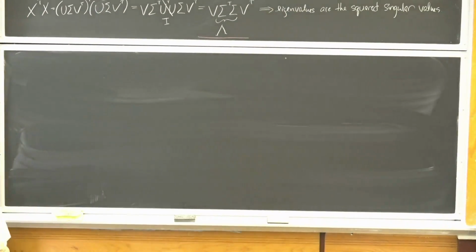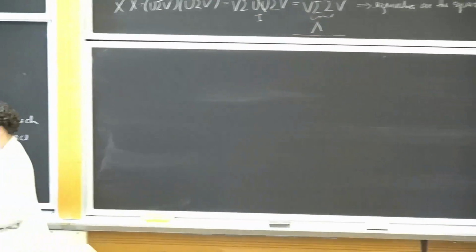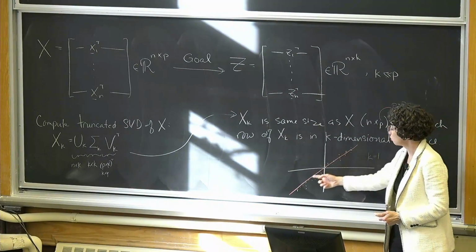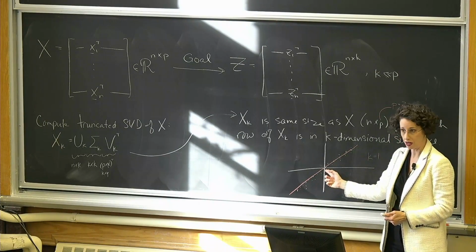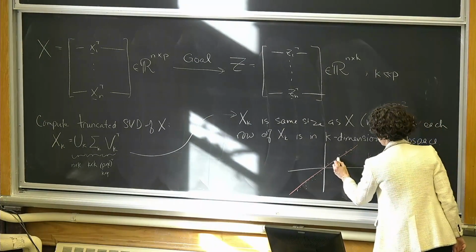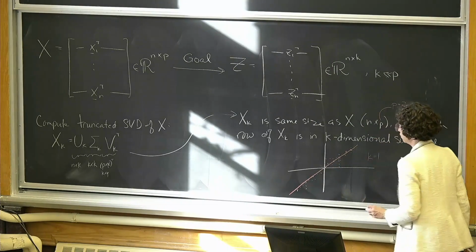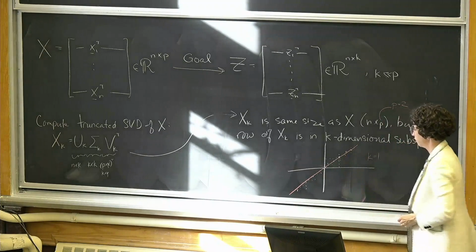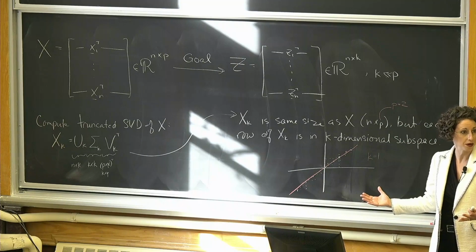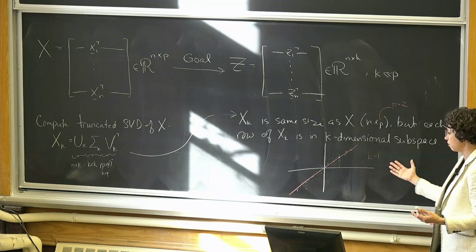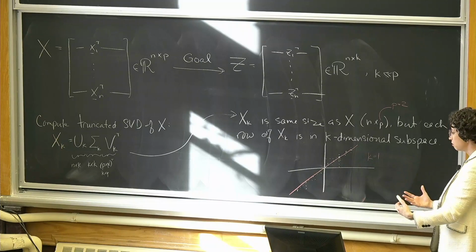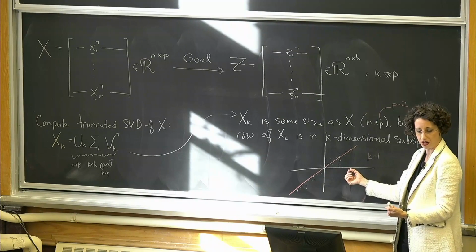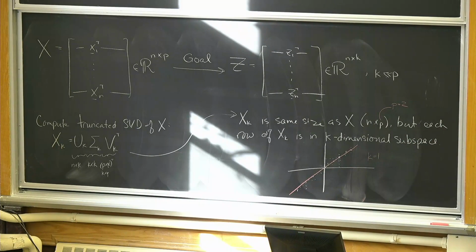So in this toy example, if I wanted to tell you where this point was located in the one-dimensional subspace, I could either give you the two-dimensional coordinates of that point, or I could just tell you where this point is on this line relative to the origin. I only really need one number to tell you where that point is if you already know it's in the subspace. So I can reduce the number of numbers I have to tell you to communicate where that point is. And that's the basic idea here.